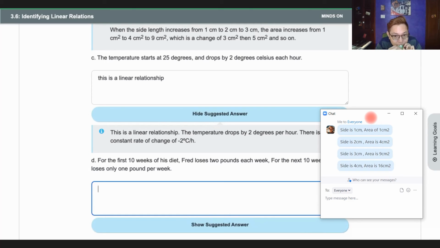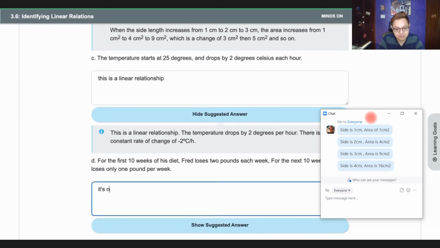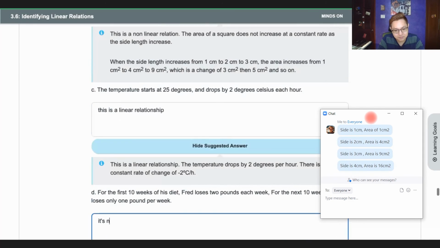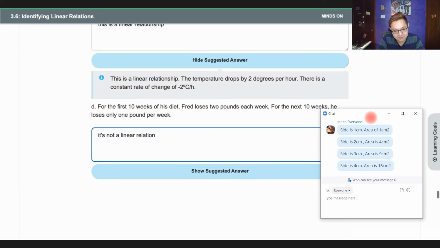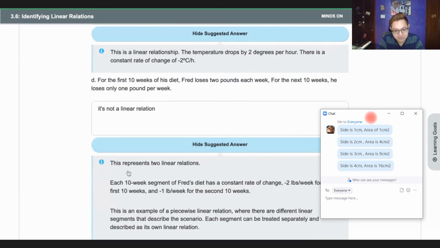Anyway, let's do this one. So it's not a linear relation.